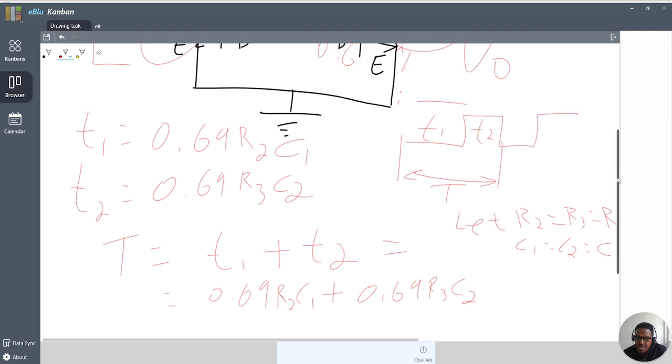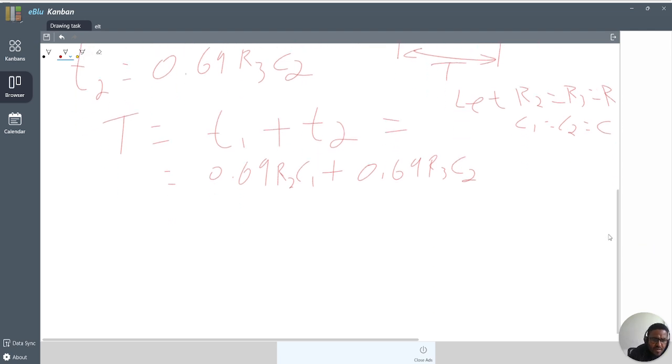So approximately this becomes 1.4 RC, because R2, R3 are the same and C1 and C2 are the same, so we can replace them by R and by C. So this is the period of our astable multivibrator.